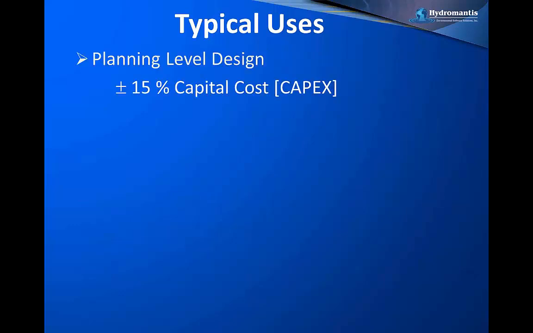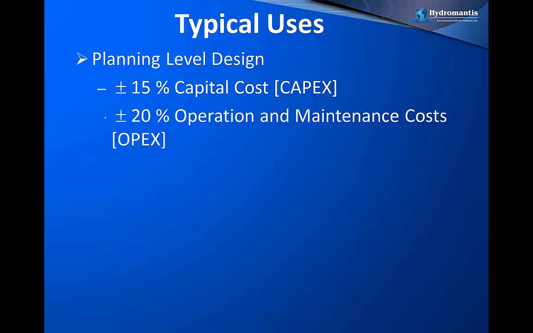It also gives you the capital cost, and based on a large number of studies, the calculated costs coming out from CapdetWorks are within plus minus 15% of the actual cost. With respect to operation and maintenance cost, the costs calculated from CapdetWorks are within plus minus 20%.